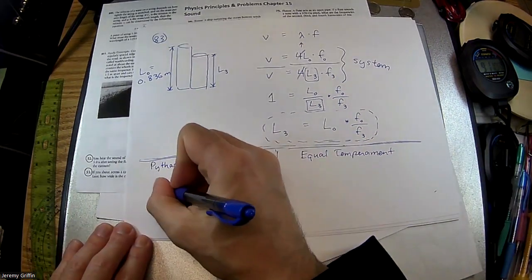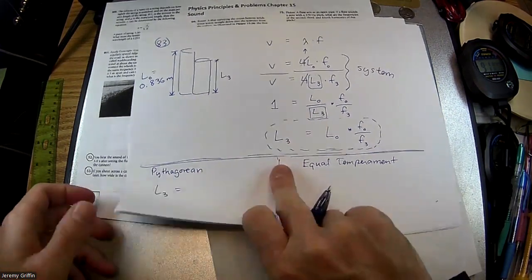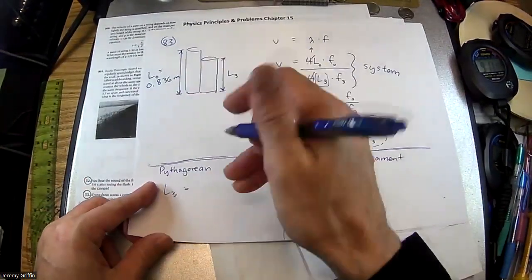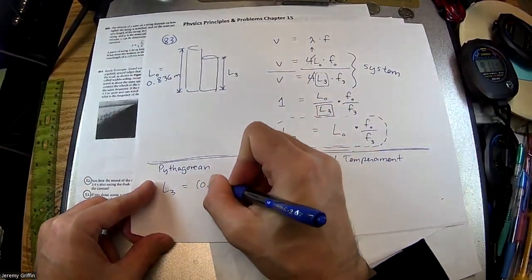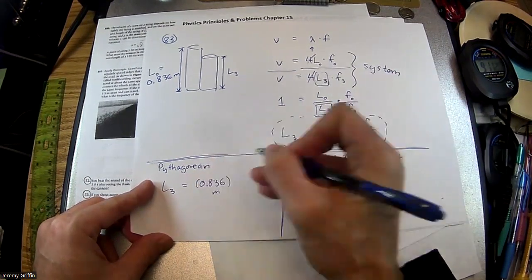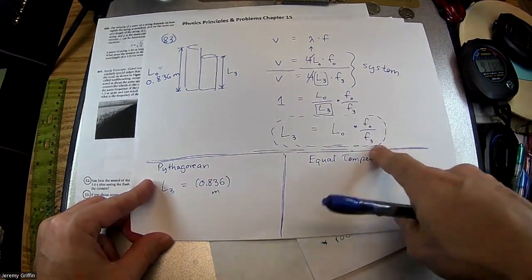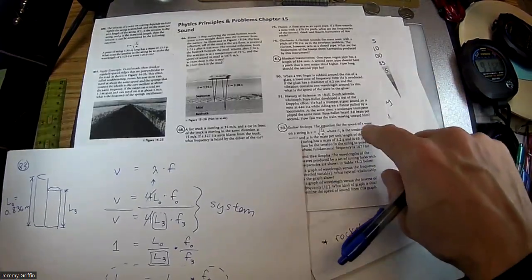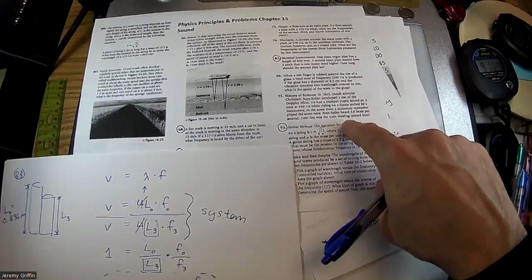Okay. So L3 equals, now the original length is the same regardless, which is 836 millimeters, so 0.836 meters. I guess if you never convert it, it wouldn't matter because this is a ratio answer now. Times the root note frequency, also the same for both.